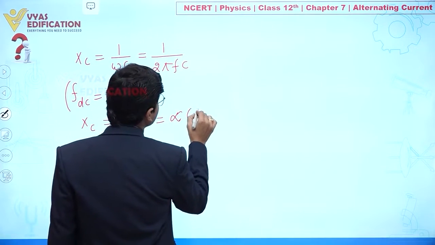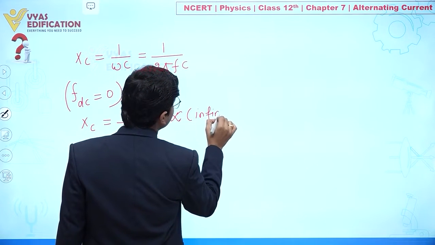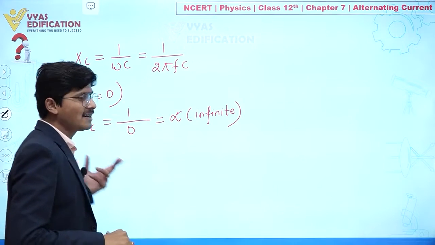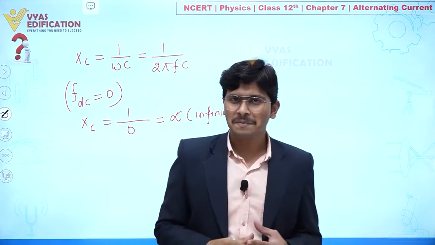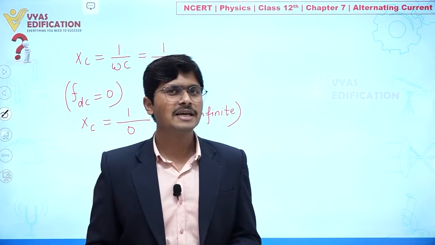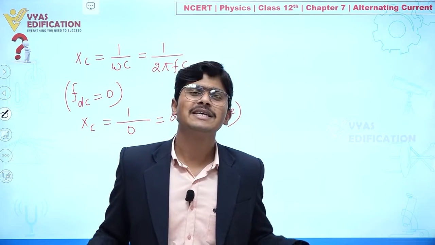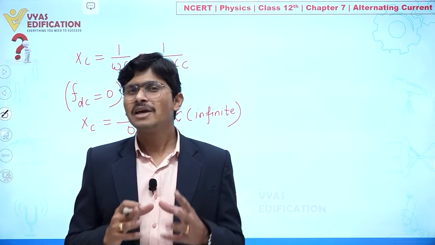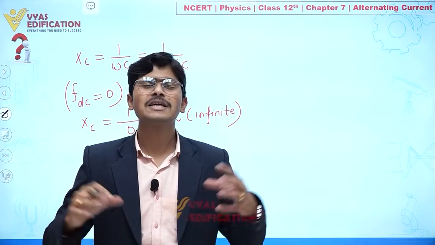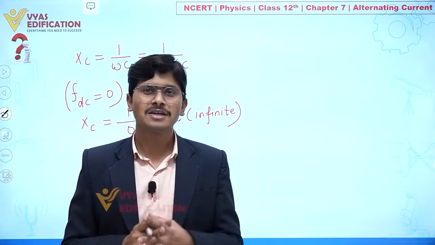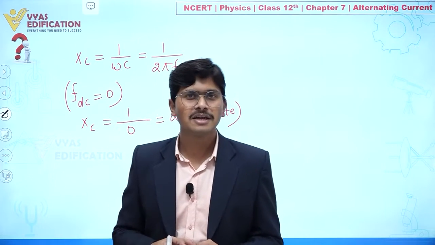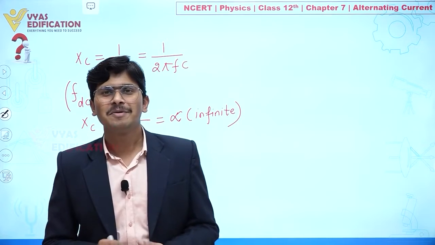So if we connect a capacitor in a circuit where a steady current is flowing, the capacitor behaves just like an open circuit. It will not allow DC current to pass through it. So this is all about this question.